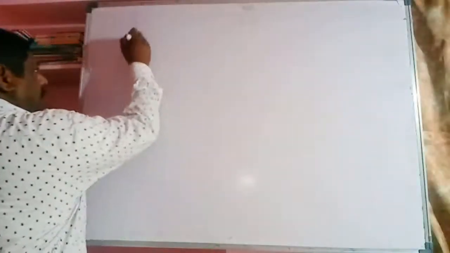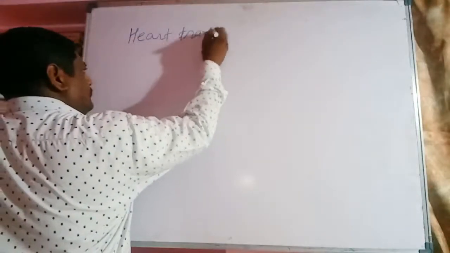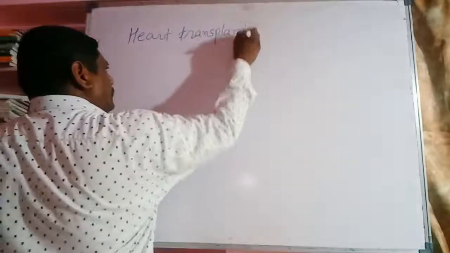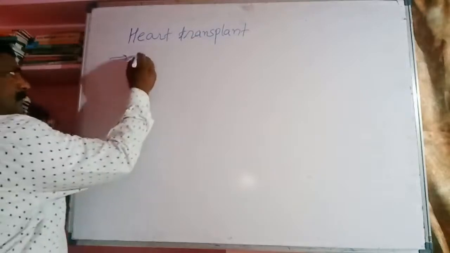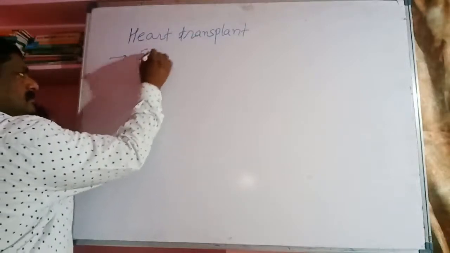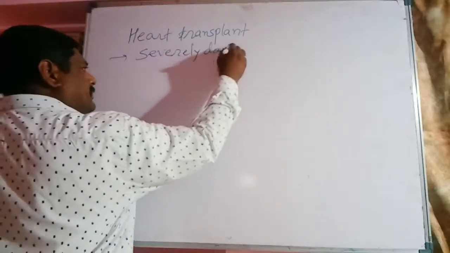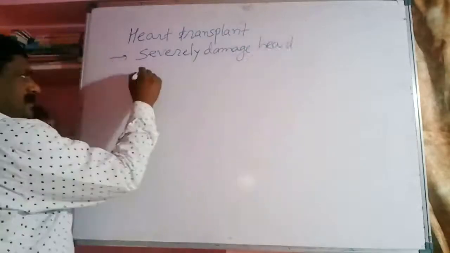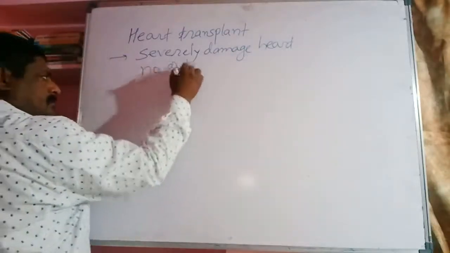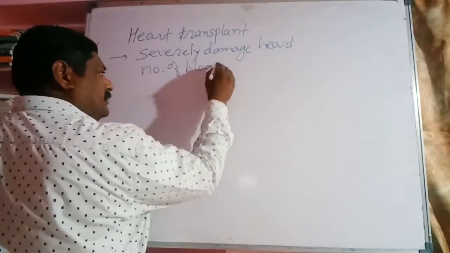Discuss about the heart transplant. In case of a person having a severely damaged heart, as the number of blockages is more, the heart muscles do not get a proper supply of nutrients and oxygen.